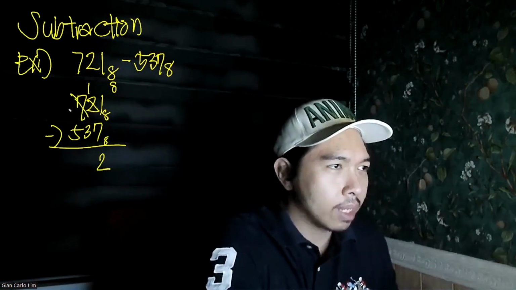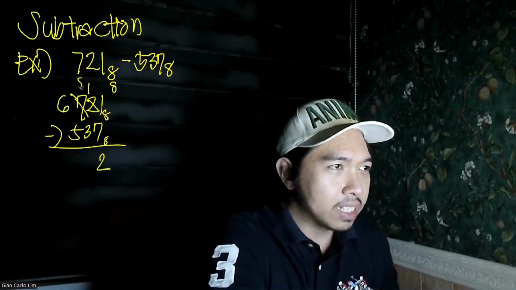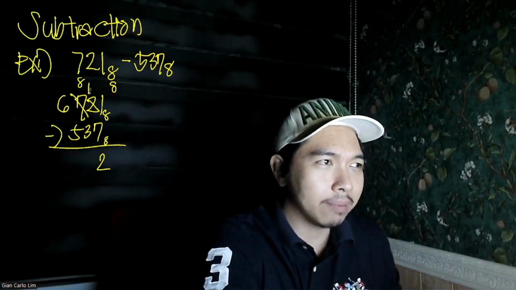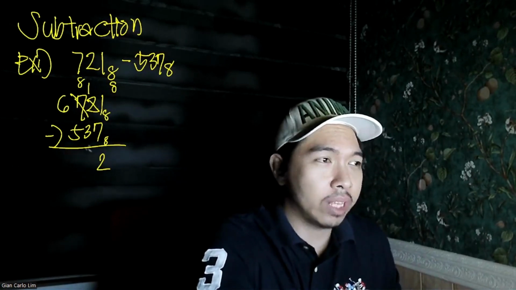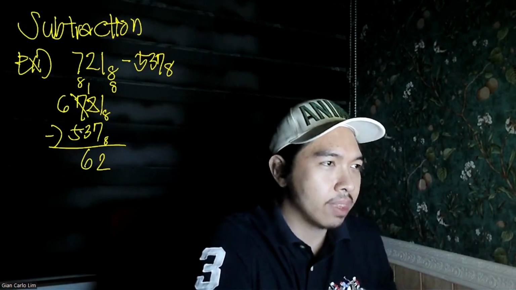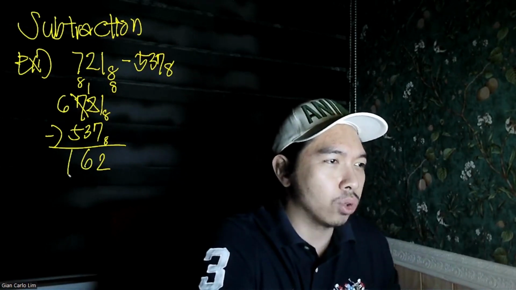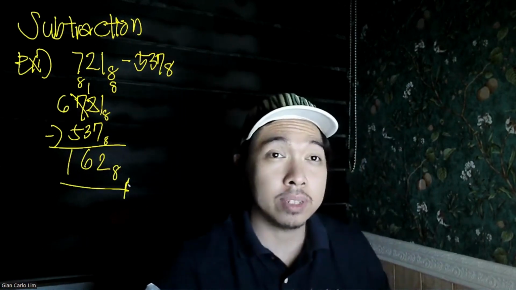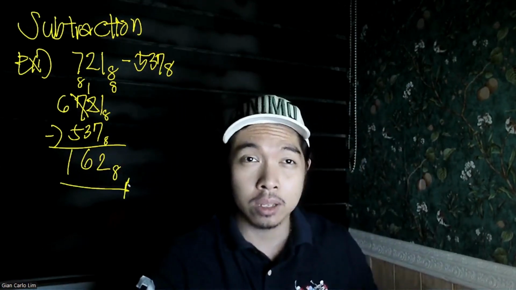Borrow 1, this becomes 6. 8 plus 1 would then be equal to 9. 9 minus 3 would then be equal to 6. And then 6 minus 5 would then be equal to 1. And we know that ito yung sagot based on our previous example, which is binaliktad ko lang yung numbers.